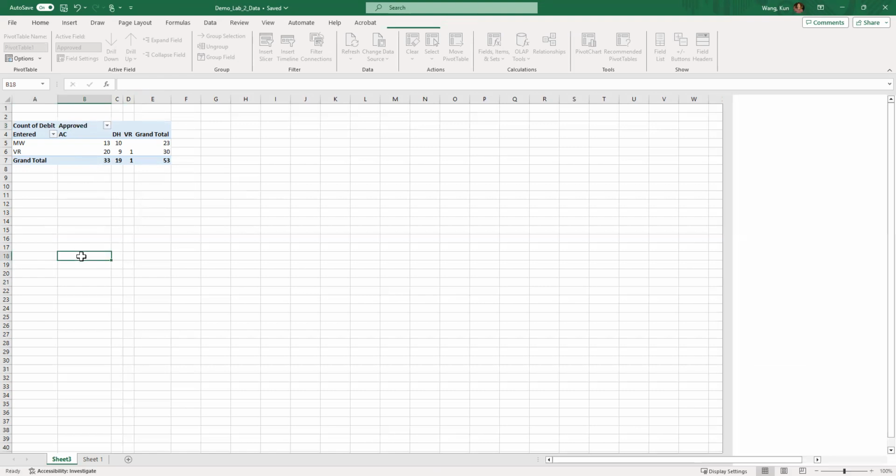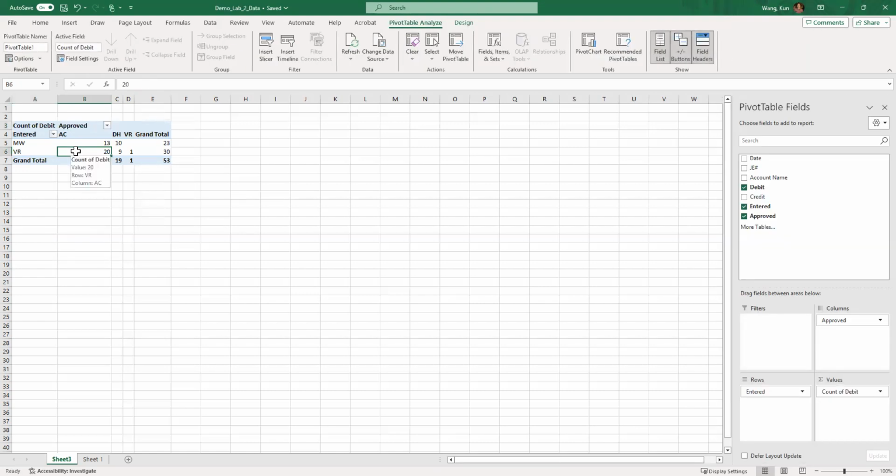So the users can easily see what we are doing here. MW and VR are the two persons handling entering the journal entry, and approval is probably by supervisors or managers, right? We have AC and DH.